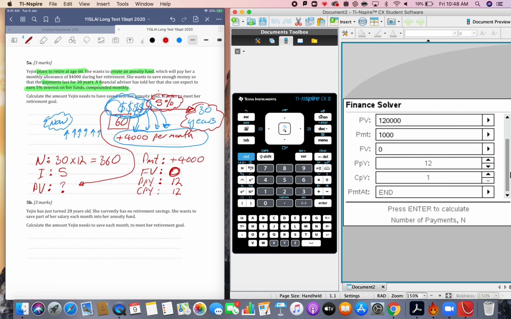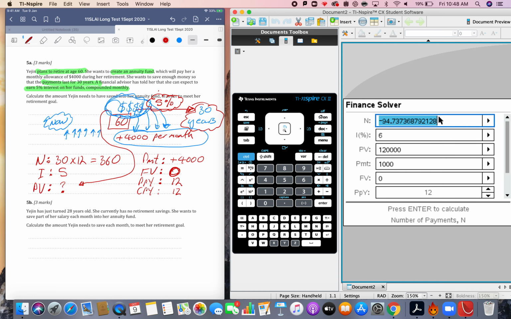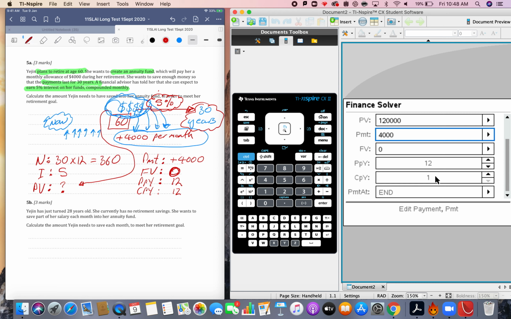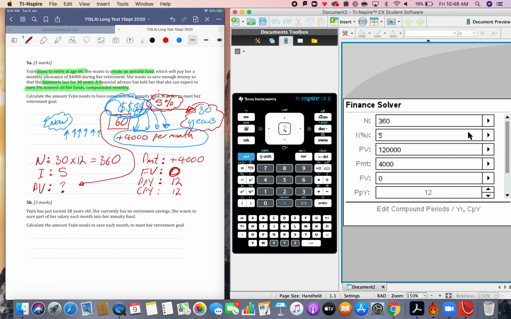So now let's feed all that into the calculator. The N is 360, the I is 5, the present value is what we're trying to work out, the payment is 4,000, the final value is 0, payments per year is 12, and C per year is 12 also, and we are trying to solve for the present value.